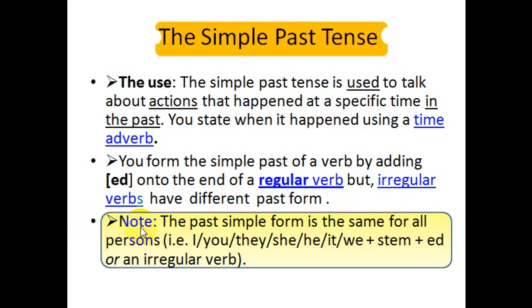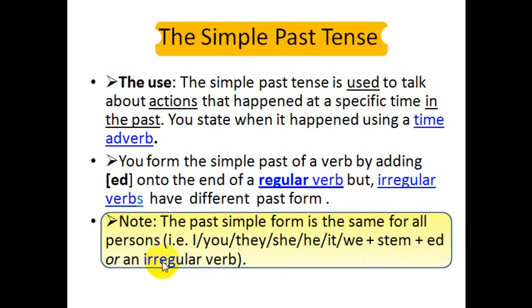Look at this note. The past simple form is the same for all persons. يعني ما عندناش فرق بين I, you, they, she, he, it, we. ما كانش فرق بيناتهم من حيث القاعدة. So if we have the regular verbs, we have I plus stem plus ed, or you plus stem plus ed, they plus stem plus ed, she, he, it, and so on.